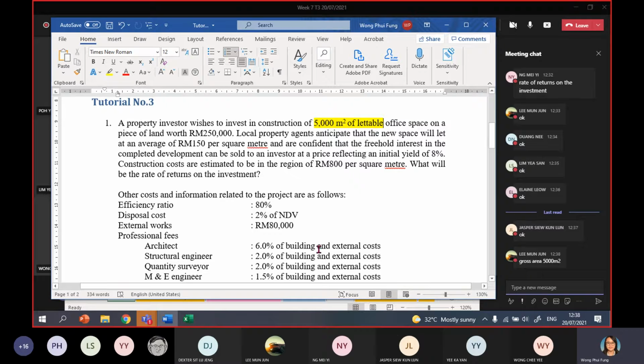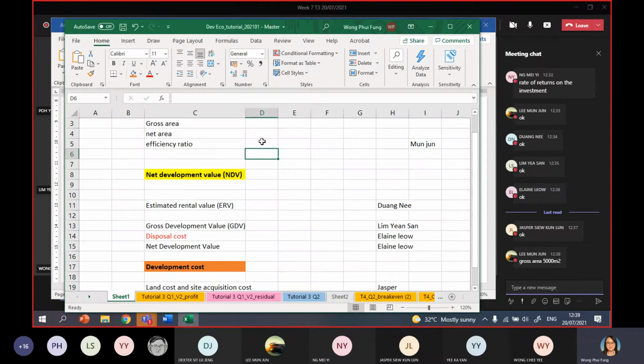So go back and recalculate: 5,000 is the lettable area, so 5,000 is the net area. Now Manjun, recalculate everything for me. What is the gross area, and what is the efficiency ratio in percent?